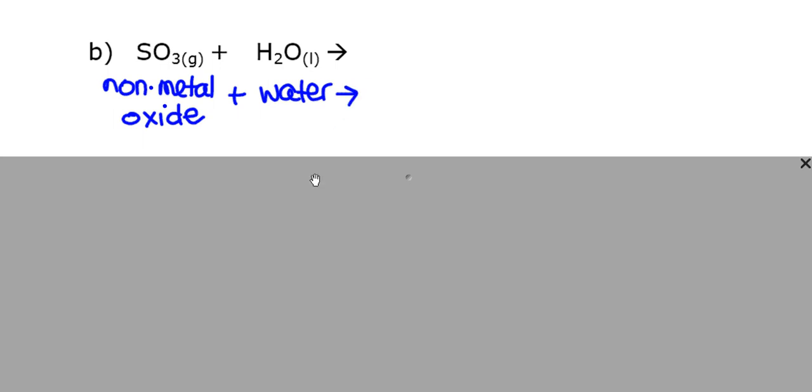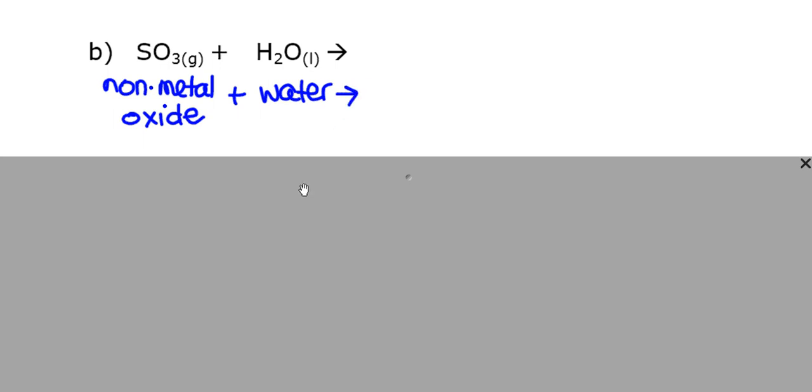Hopefully you've given this one some thought, so let's start taking a look. When I look here, I've got sulfur trioxide. Sulfur trioxide is a non-metal oxide. And I have my non-metal oxide reacting with water.